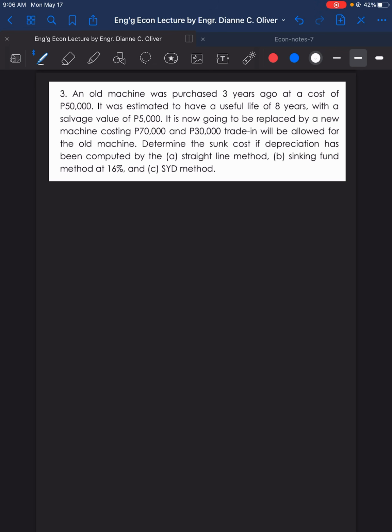Okay, so we have here the given, the first cost is equal to 50,000 pesos. It was estimated to have a useful life of N is equal to 8 years. And then the x here is equal to 3 years, the number of years. And then salvage value, 5,000 pesos.